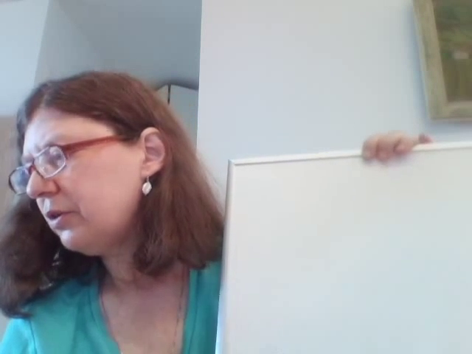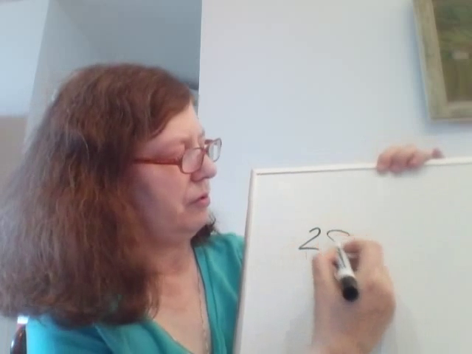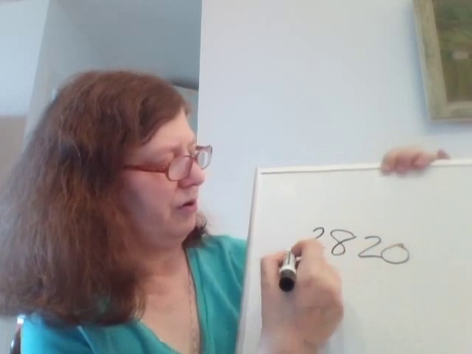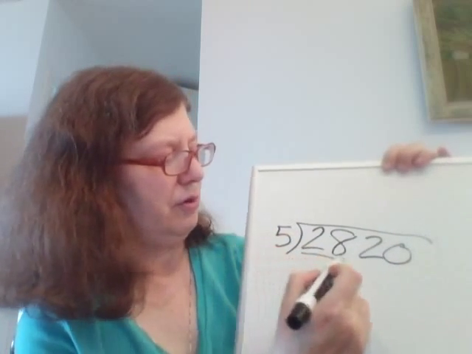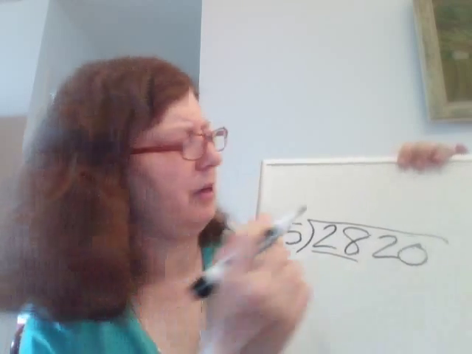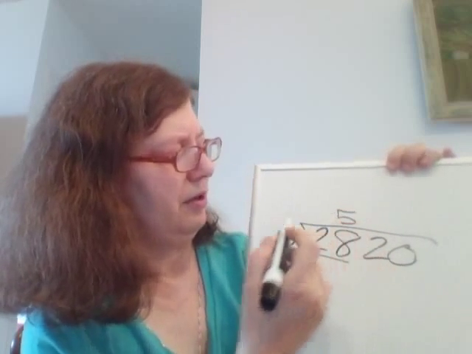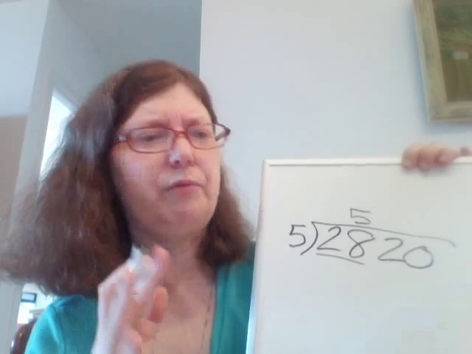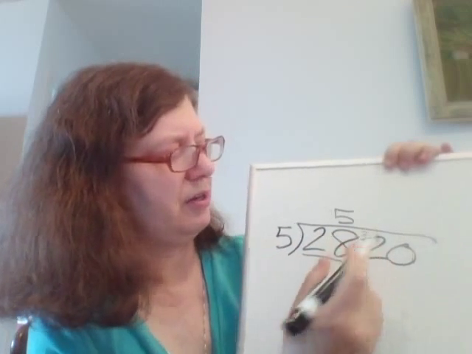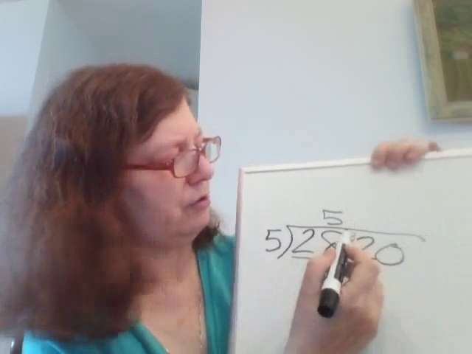What were we doing? 2820 divided by 5. So we say 5 goes into 28 5 times. So that's 25. How much from 25 to 28? 3. That goes in front of the next guy. You see this 3?